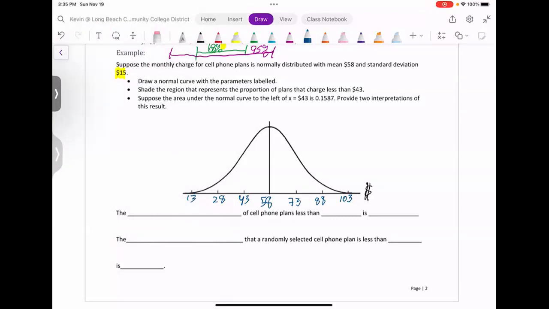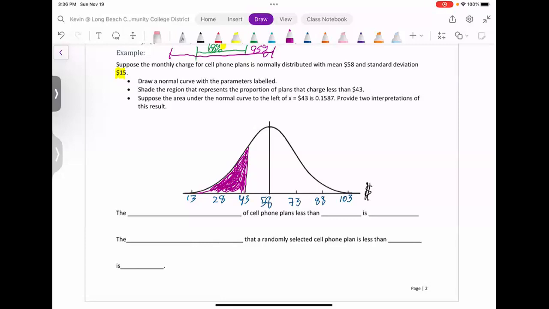Second part says shade the region that represents the proportion of plans that charge less than $43. Okay. So here's 43, and we're going to shade in the region that represents less than 43. So that's all this region here. All that area represents all the plans that cost less than $43.